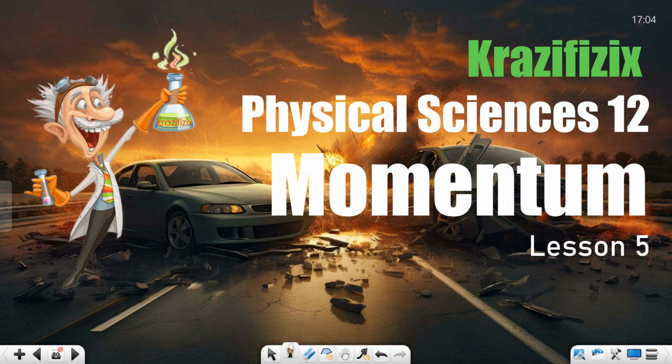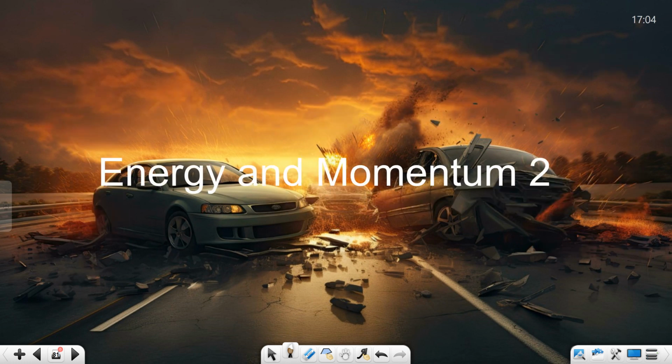Okay, guys, lesson 5. In lesson 5, we are going to look at energy and momentum part 2. Remember, we said that according to energy, there are two types of collision: elastic and inelastic. And you remember how we defined them. Yesterday you saw that if you don't know your definitions, some calculations become difficult.